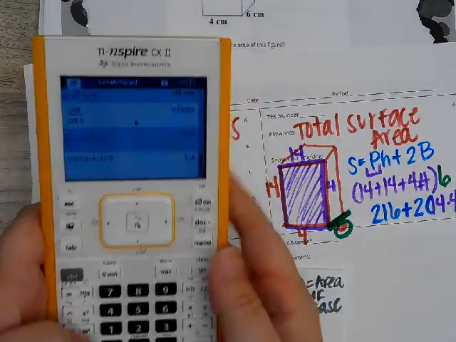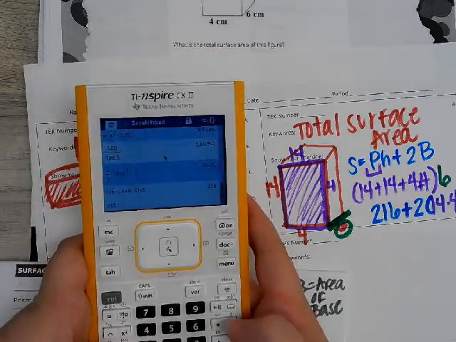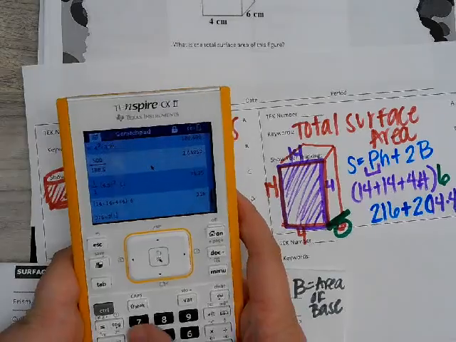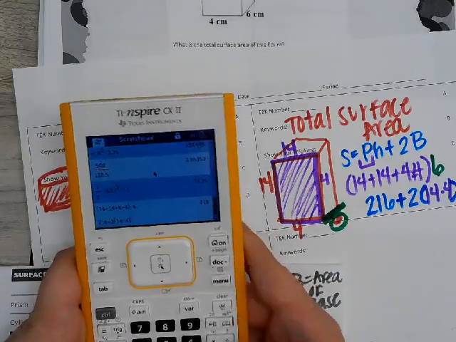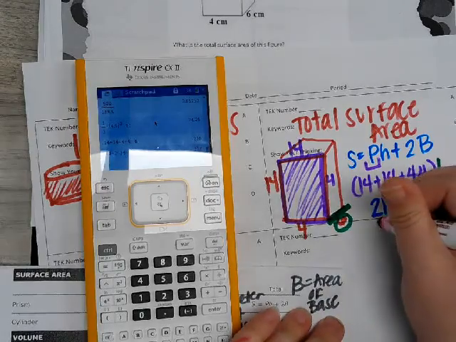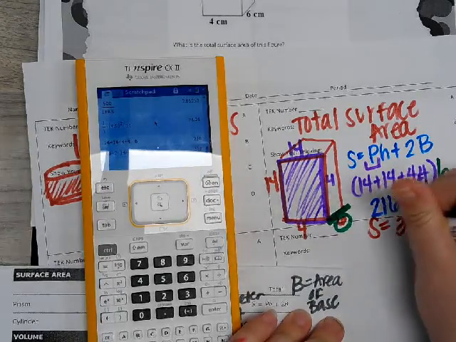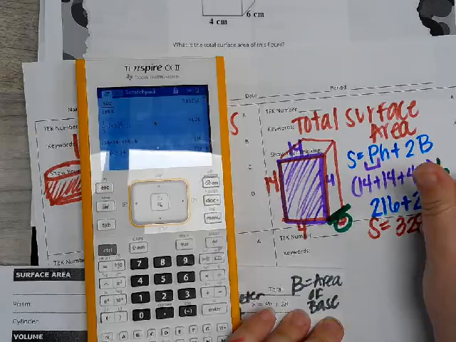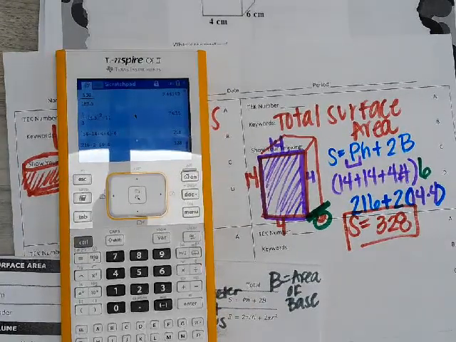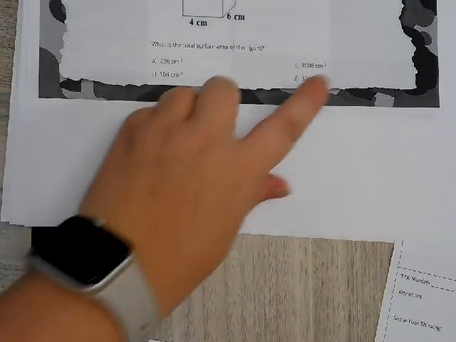So now I'm going to put 216 plus 2 times 14 times 4. So my answer would be, my surface area equals 328. So my answer would be D.